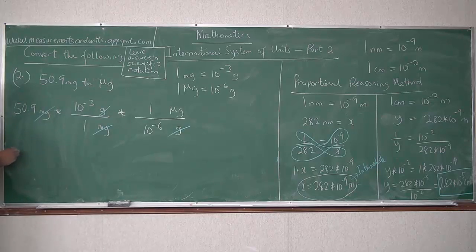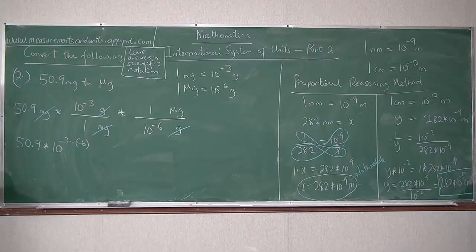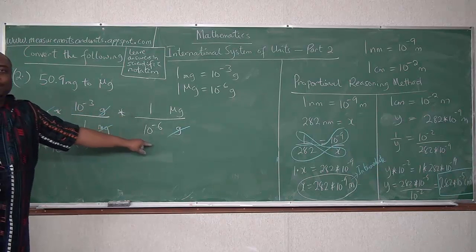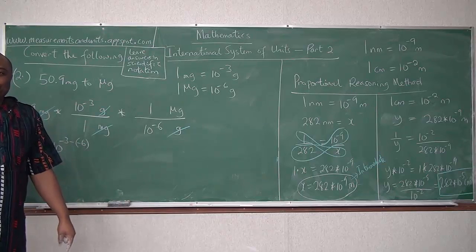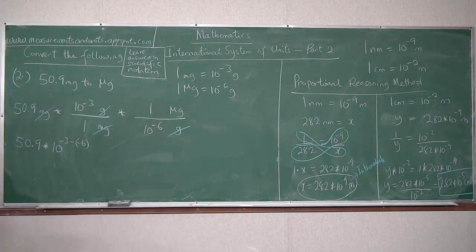So this will now give us 50.9 times 10 to negative 3 minus 6, because if you bring this up, law of exponents. If you don't understand how I did this, please view my videos on exponents. It is under algebra, exponents. So this will now give us 50.9 times 10 to the negative 3 plus 6. Okay?